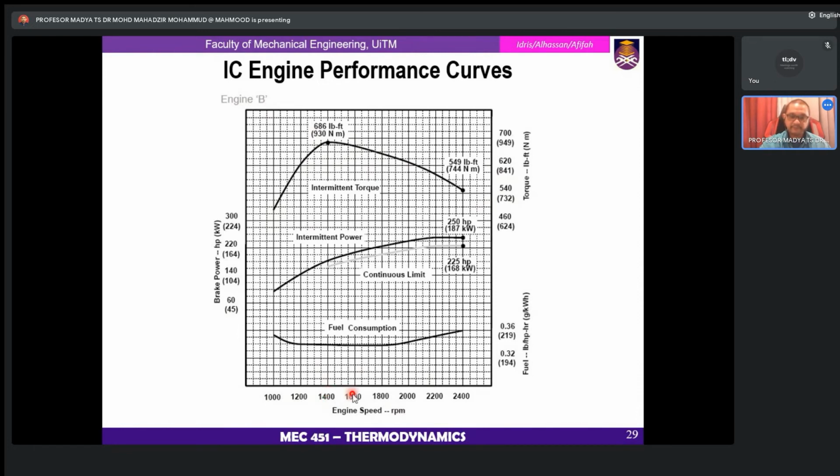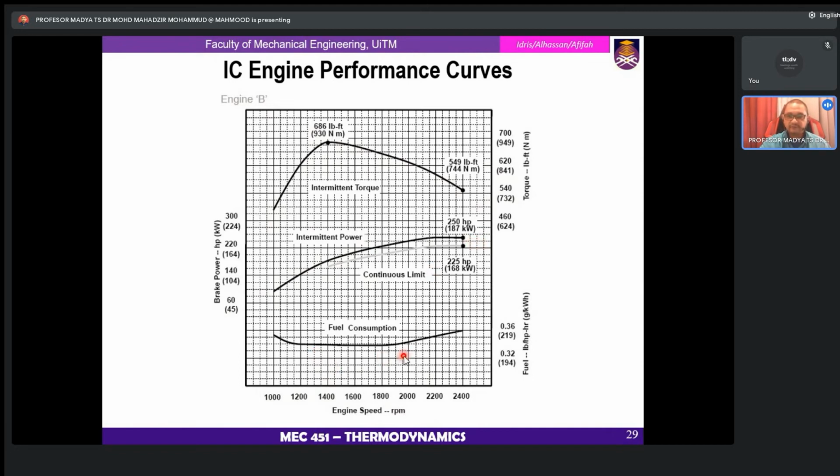When you rev or increase the fuel in the combustion, the torque decreases. When we look here, the brake power will increase until 250 horsepower.